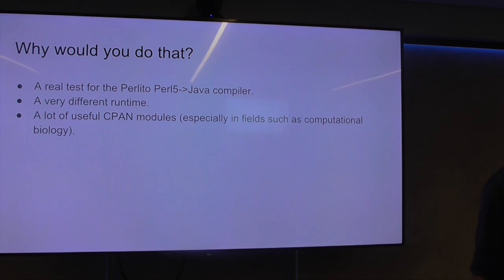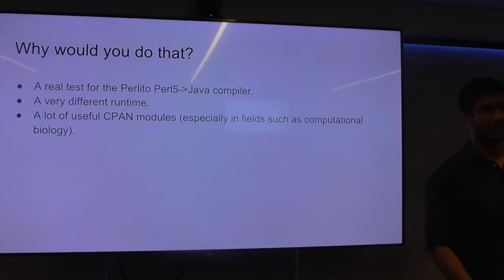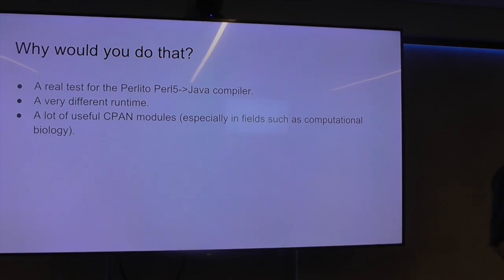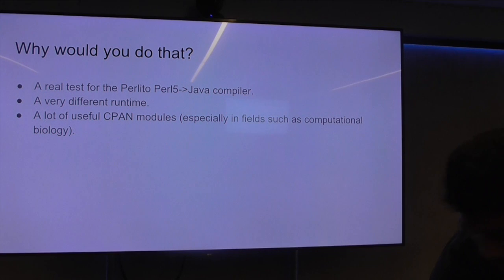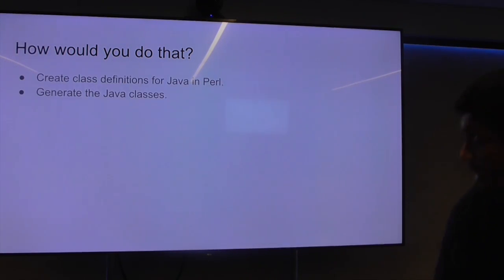A lot of CPAN modules, especially in the field of computational biology, where Perl is still being used, could be potentially used in educational apps on Android. And that's a motivation.